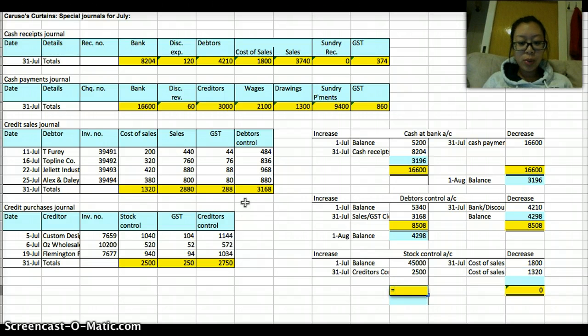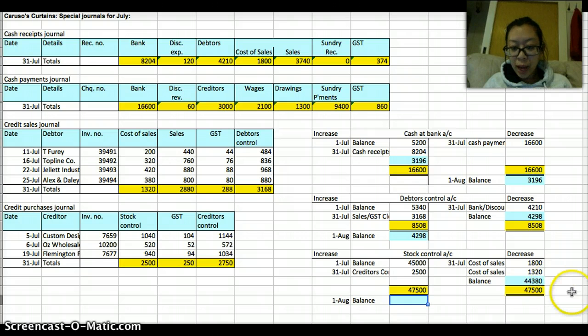So we go equals sum, close bracket, made a mistake. And then equals that number minus balance.